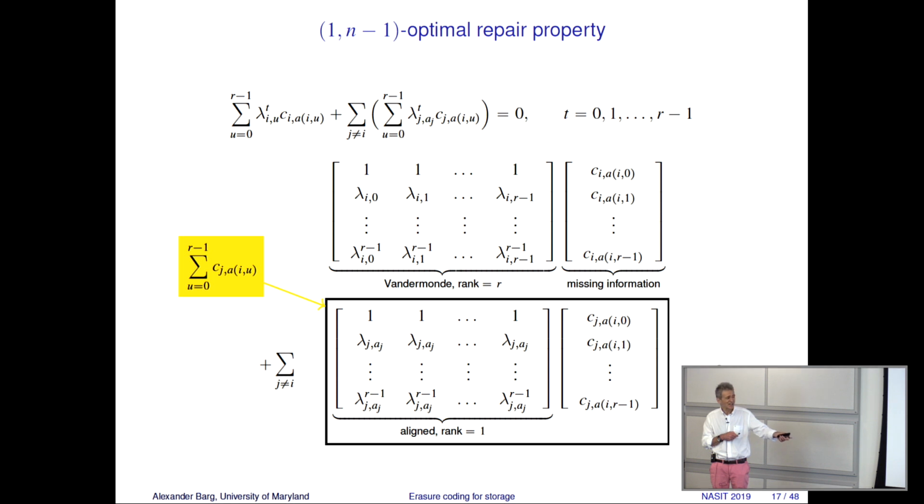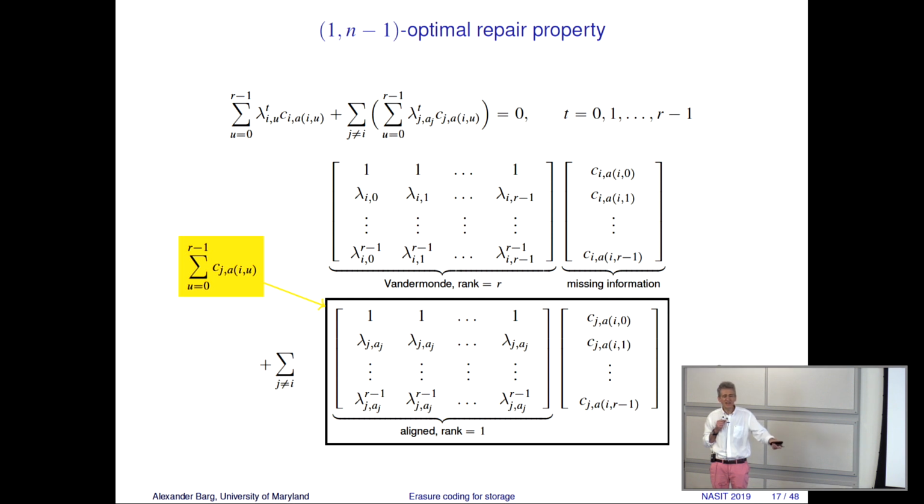And so this tells us that to solve for the unknown subset of the erased coordinates, this is Vandermonde, right? So this is good. Here, we need to download one symbol out of the jth coordinate. That one symbol is a linear combination of those symbols here on the right.